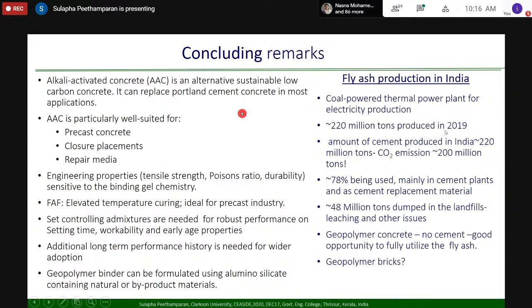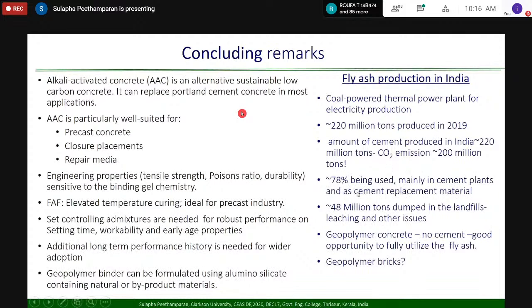And to that amount, million tons of fly ash, that is the same amount of cement being produced in India. So you are producing 220 million tons of cement, you are emitting 200 million tons of CO2 to the environment. Can we reduce that significantly?